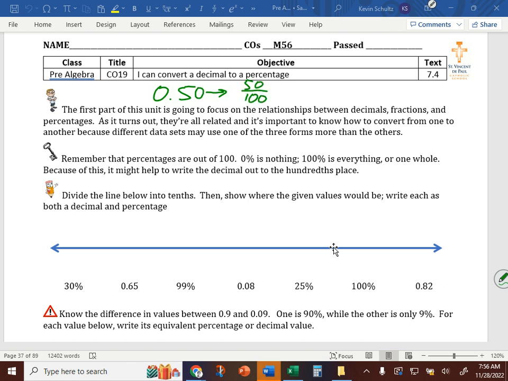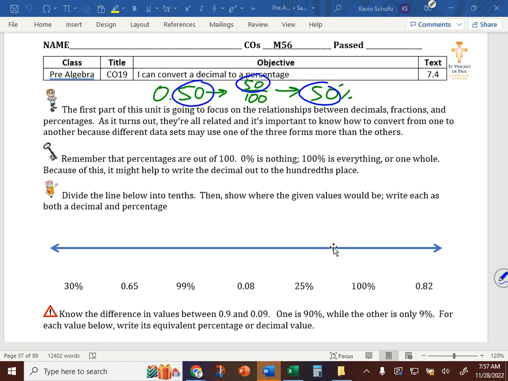And really that's like 0.50, right? We didn't have to write it, but then what is this as a percentage? 0.50, 50 over 100. What is it as a percentage, Anthony? 50%. Okay, you can see that connection here, right? We got 0.50, 50 over 100, 50%. They're all related.